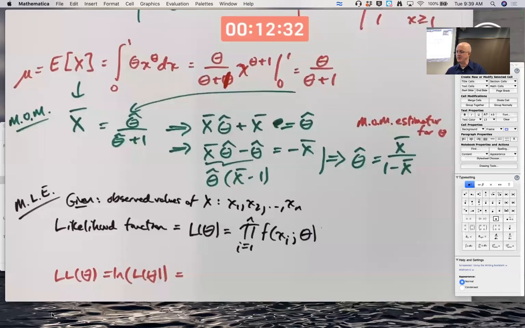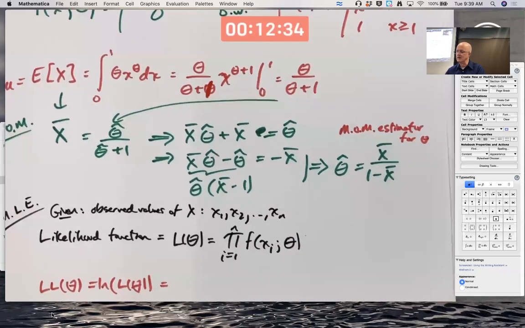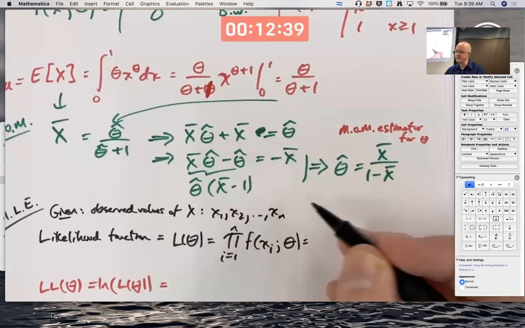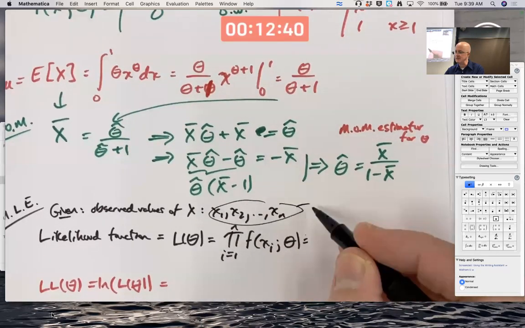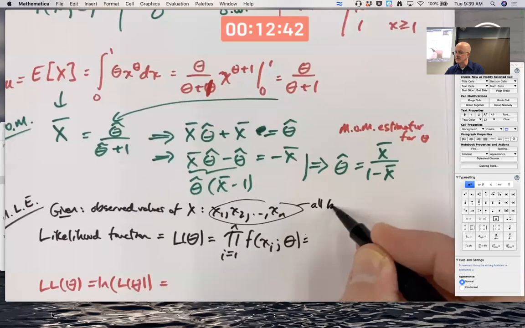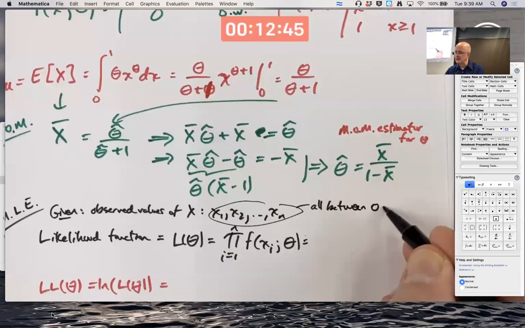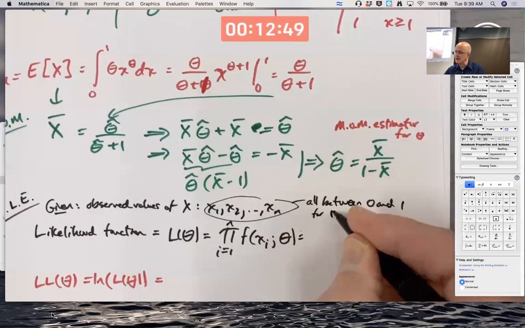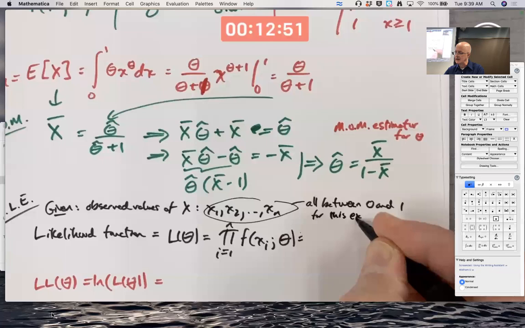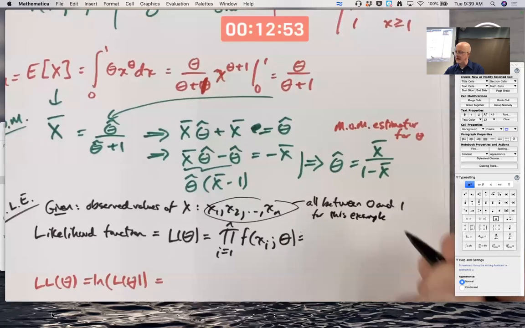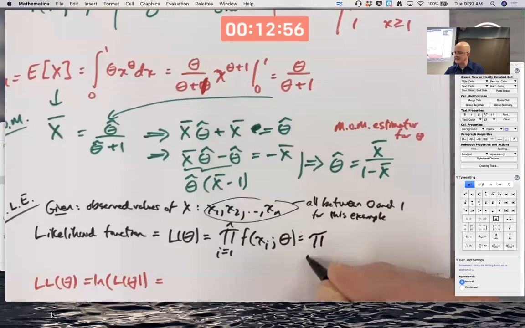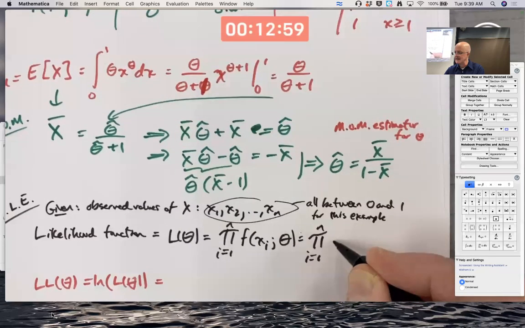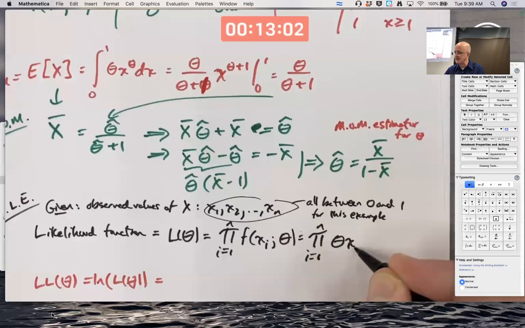Before I do so, maybe I should write the formula for the PDF in here where it's positive. I'm assuming all these x's are between 0 and 1 for this example. Based on the formula for the PDF in that case, you've got a product of a bunch of expressions that look like this, theta times x sub i to the theta minus 1.